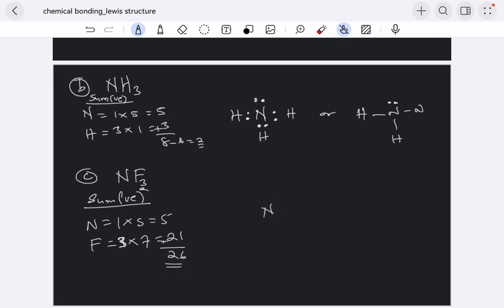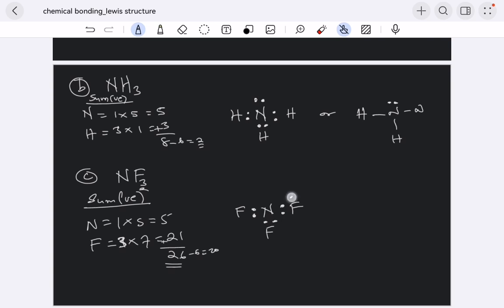So nitrogen in the middle, fluorine, fluorine, fluorine. So we distribute 2 electrons, 2 electrons, 2 electrons. So we have subtracted 6 to remain with 20. So for fluorine to be stable, it has to satisfy the octet.